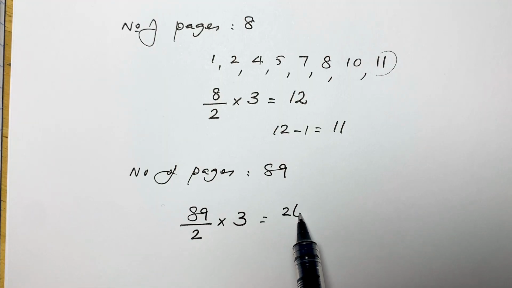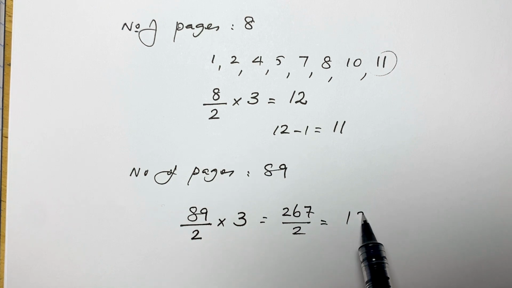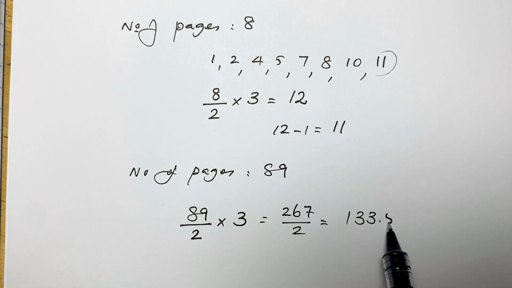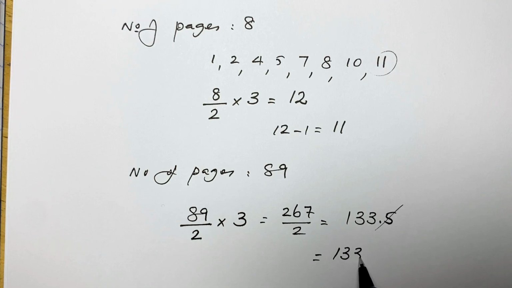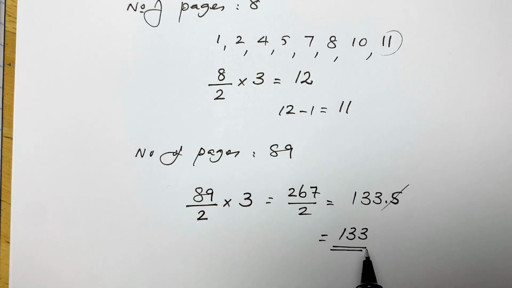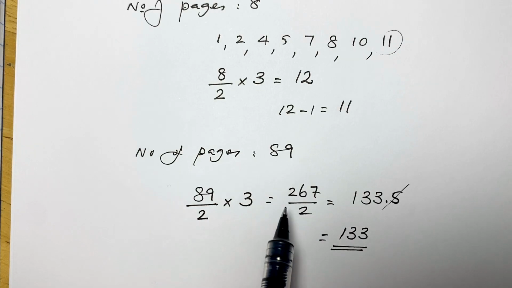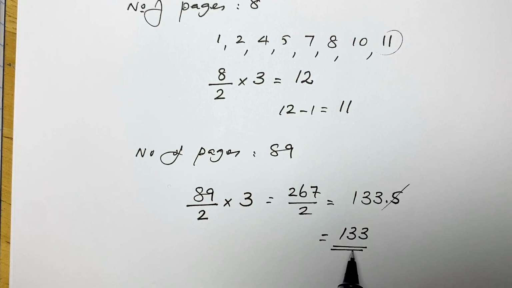That gives me 267 divided by 2, which is 133.5. Since it's a decimal value, all I do is get rid of the decimal value and just write the whole number before the decimal. So therefore, the number on the 89th page would be 133.